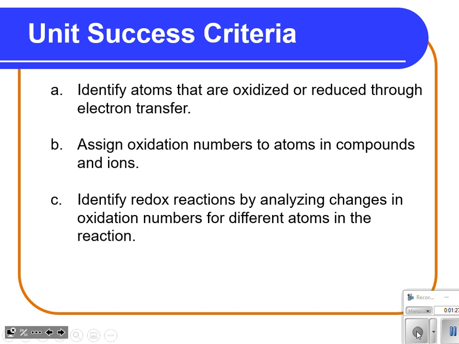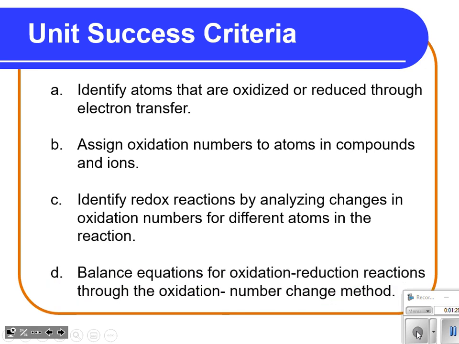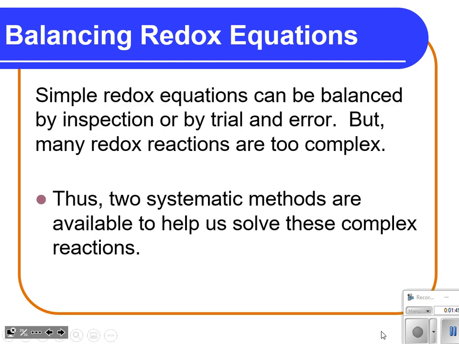And finally, we are going to balance equations for oxidation reduction reactions through the oxidation number change method. Those four things we are going to need to be able to do to balance these redox reactions. So let's just jump right in.